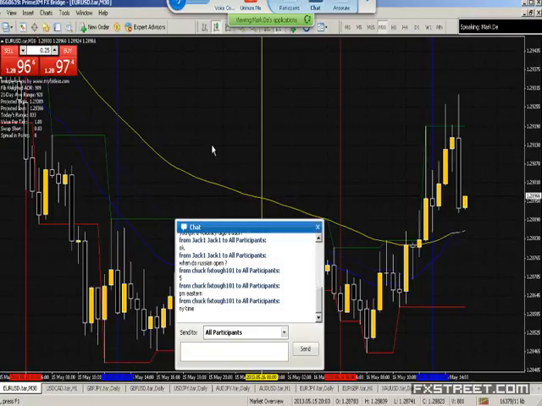But in my case, from my studies, from my observation, typically the move by the Russian market, the Russian breakout, would be about 0600.